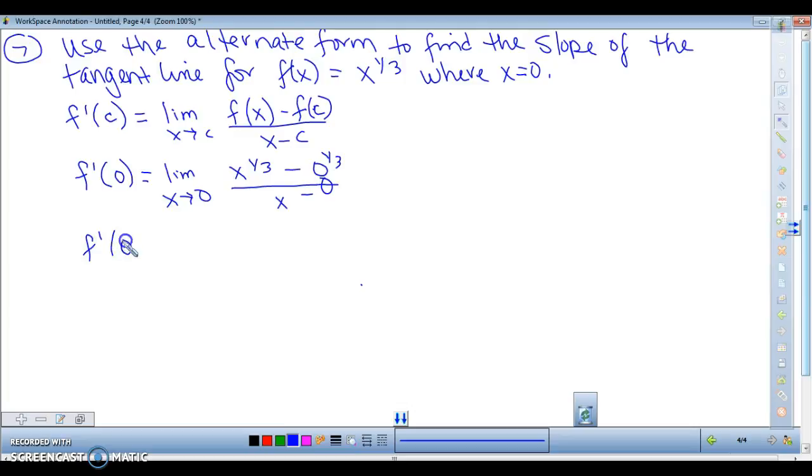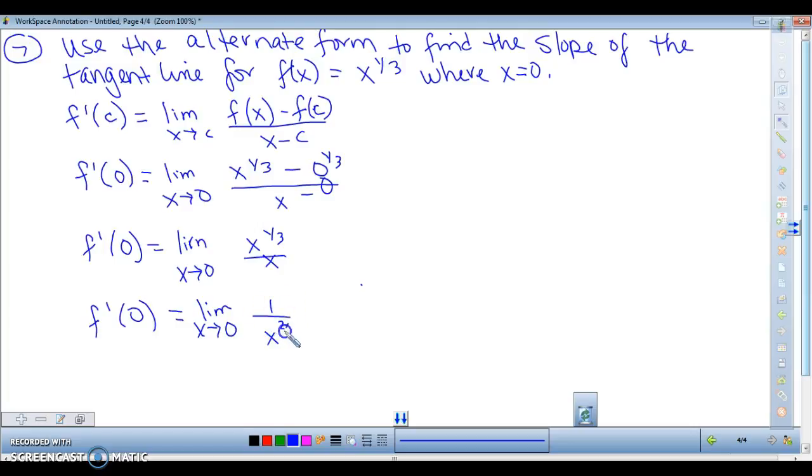So that is going to simplify to be x to the 1/3 all over x. And when you simplify that, all you have to do is subtract those exponents right there. We get x to the 2/3 on the bottom.